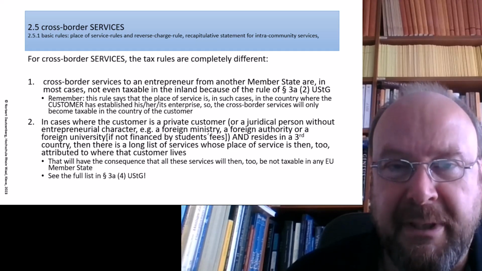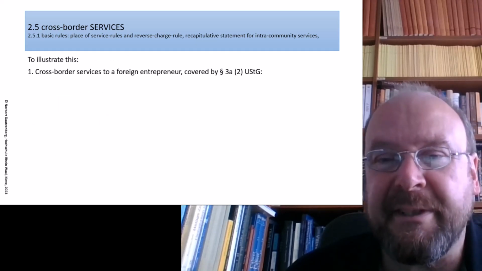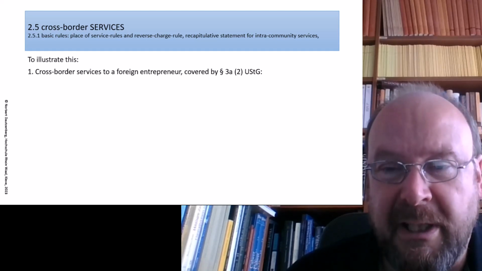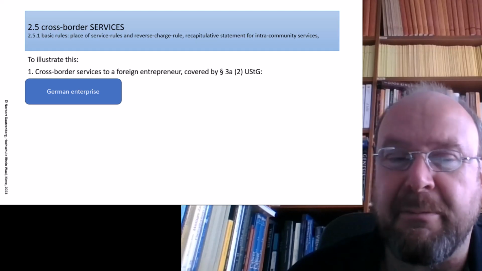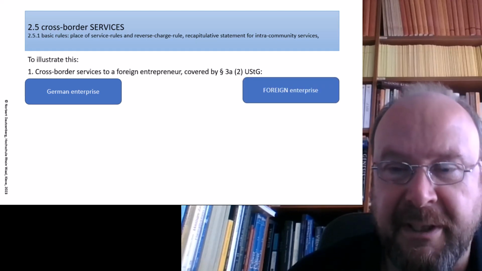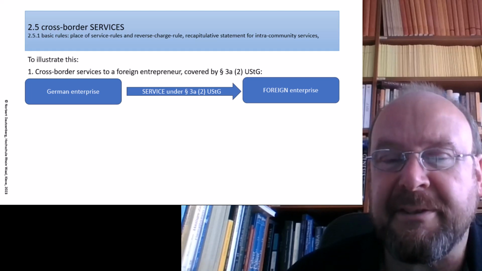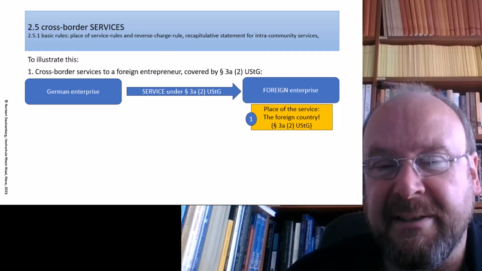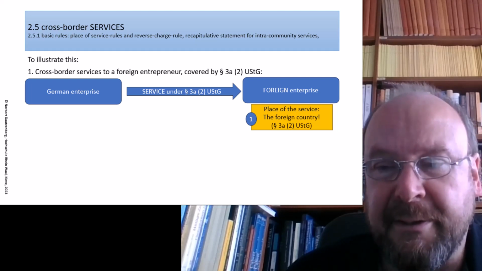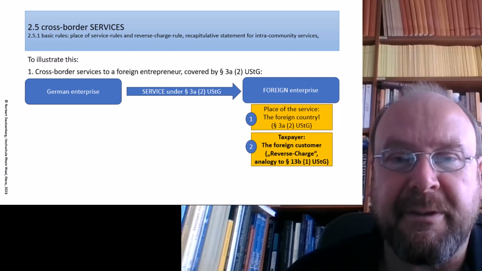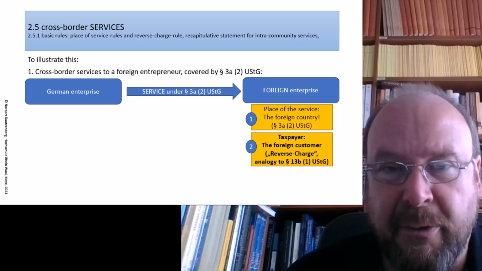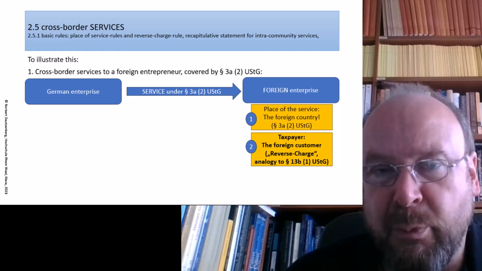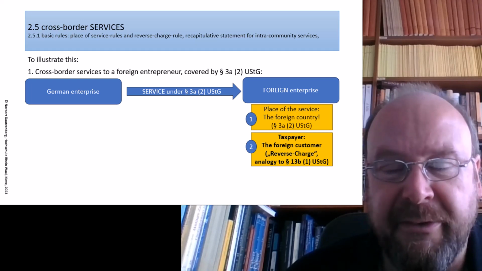Now, just to make that a bit more clear, let's illustrate it with a small sketch. So in the cases of 3A2, we have, in a cross-border case, a German enterprise. We have a foreign enterprise. We have a service under 3A2. So that means the place of the service is in the foreign country. So the taxpayer is the foreign customer, according to the reverse charge rules, which we can find in our German law in 13b1.